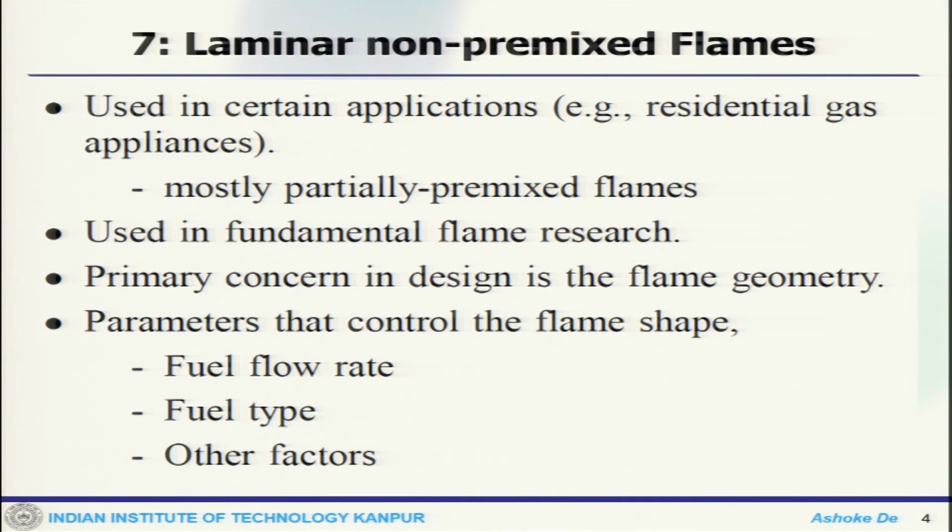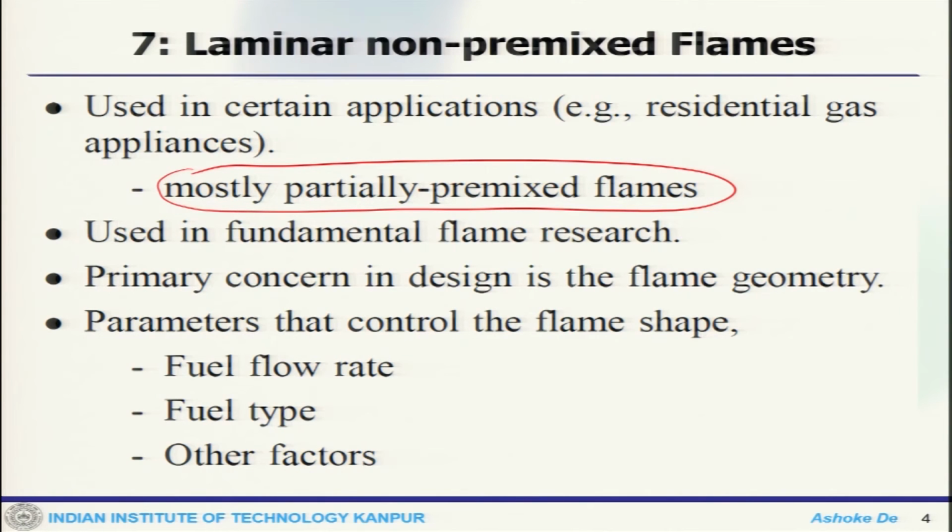Now, application wise, obviously the non premix flame applications would be more, starting from your residential gas application, though that is a slightly partially premix flame, you can have it in plenty of places where it is used, and we have already seen that.